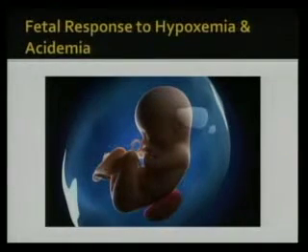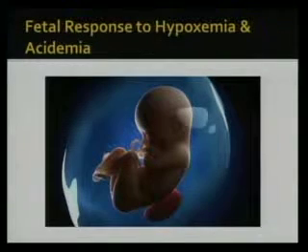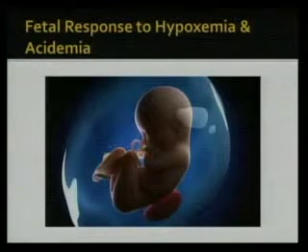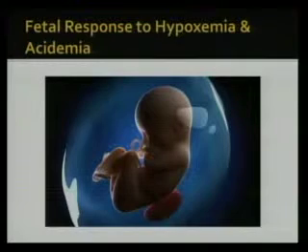So we know that the fetus responds to its state of hypoxemia and acidemia. And in general we use the term brain sparing. What happens is in the fetus, there's a change in the blood flow to the various organs. The first insult is that blood flow decreases to the kidneys, resulting in oligohydramnios that we can see.